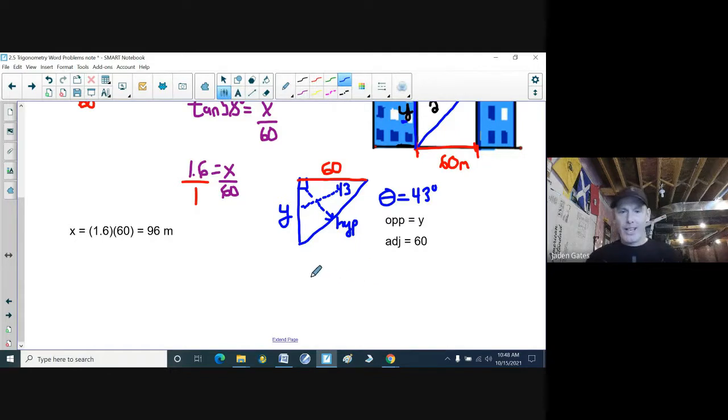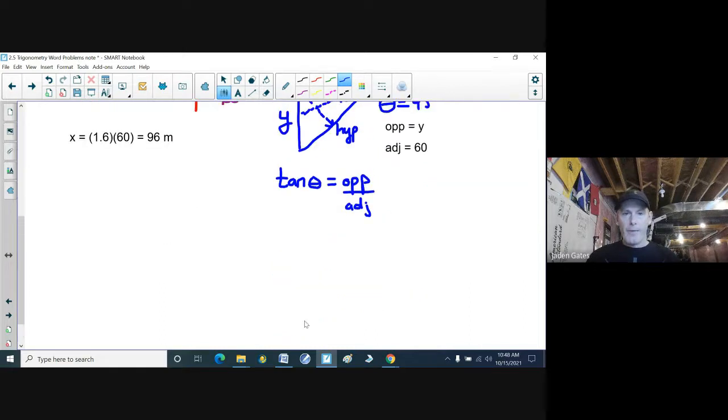So I know what ratio I have to use. Again, you don't get to pick. So we got tan theta, tan on arms. Again, that is the opposite divided by the adjacent. Now I'm going to substitute my information in.